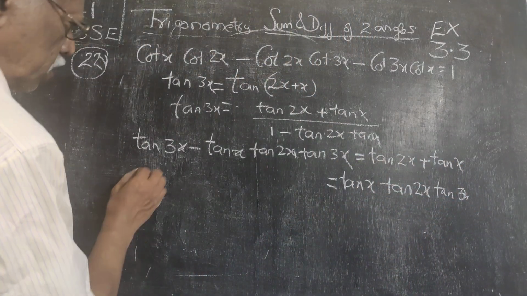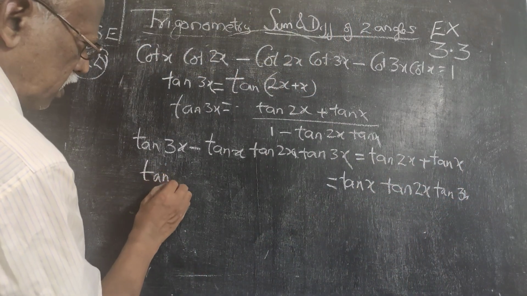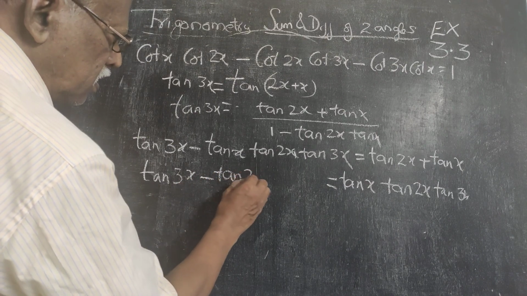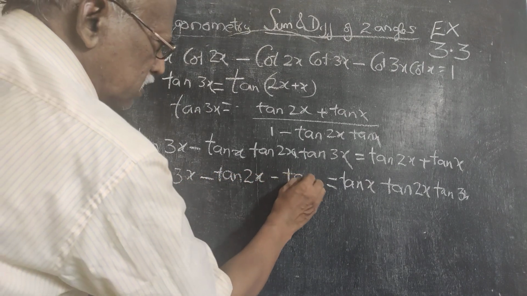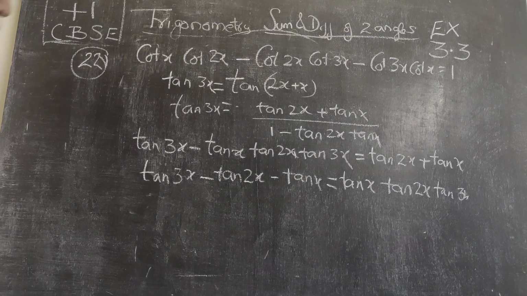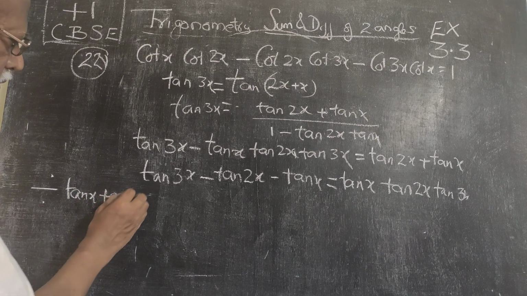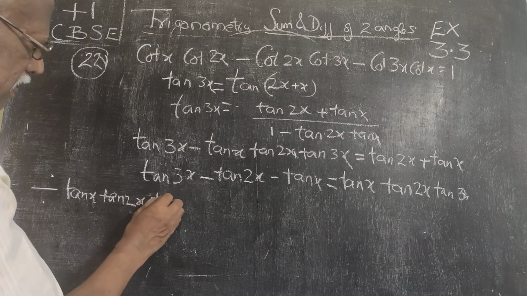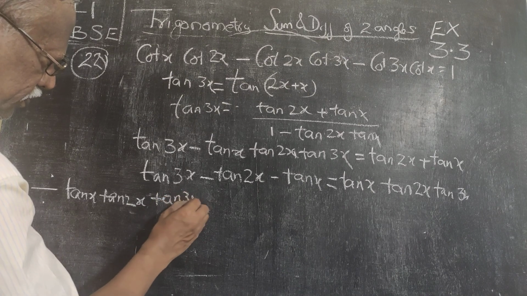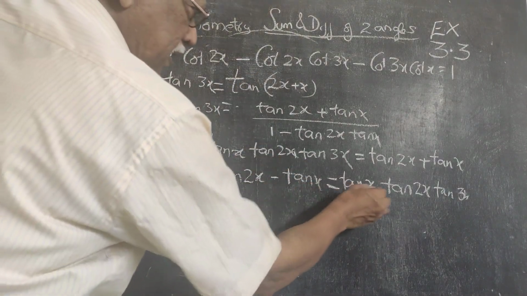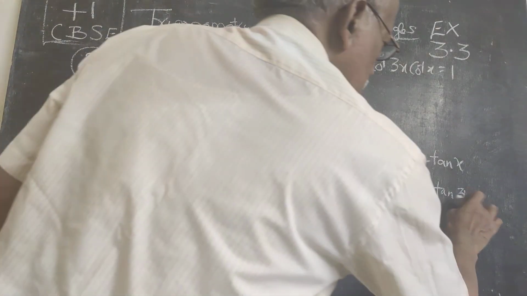I am taking these two things. First one is tan 3x and then comes tan 2x and then minus tan x. You divide everything by tan x, tan 2x and tan 3x. When you are dividing everything by what is there on the other side, tan x, tan 2x, tan 3x.